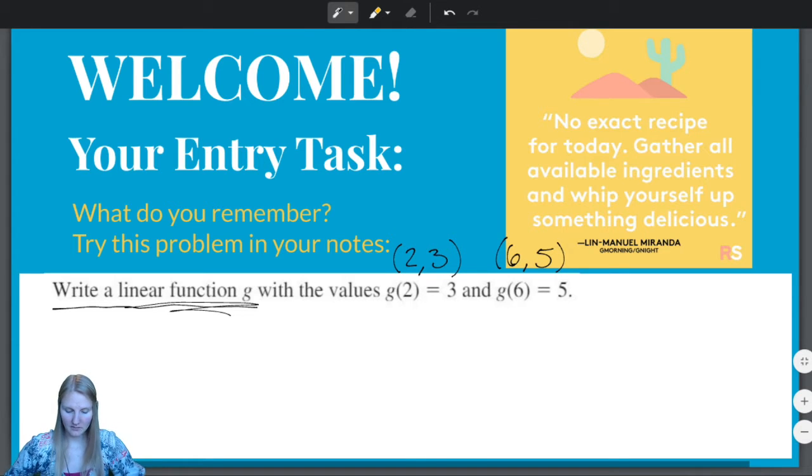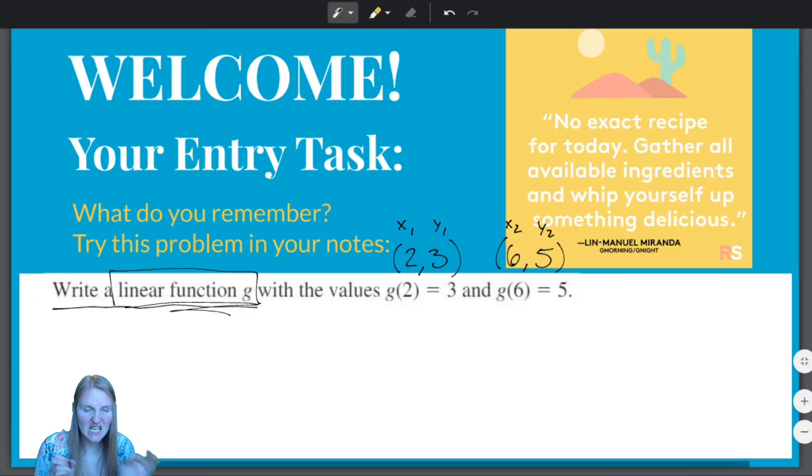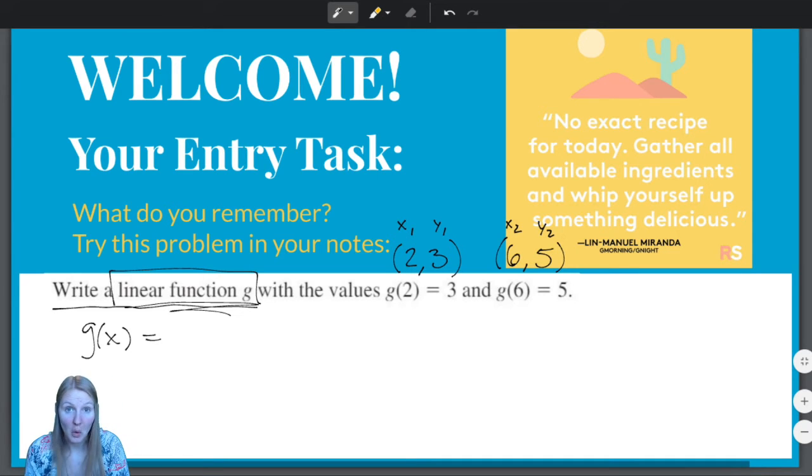So we have x1, y1, x2, y2, and we can find our slope. Because if we want a linear function, it means we want the equation of a line, and we want it in g of x equals.